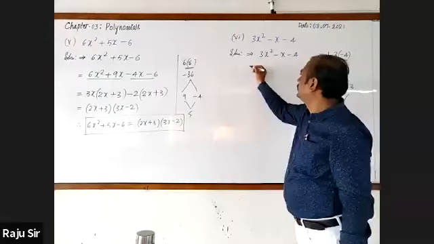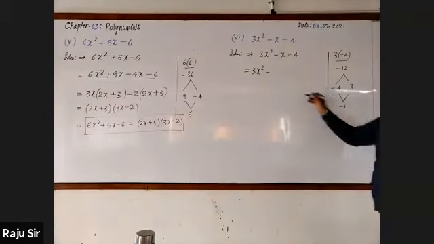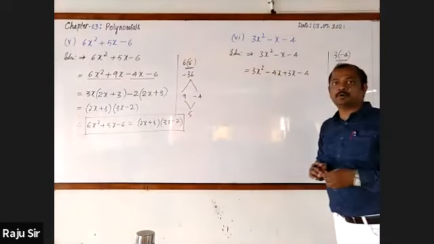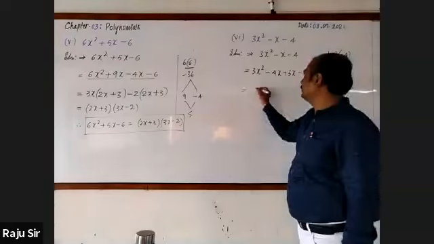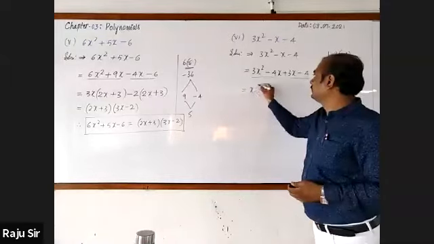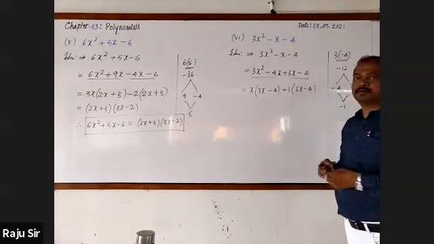Continue to factorize. It is equal to 3x square minus 4x plus 3x minus 4. What is the common factor here? x. Only x is common factor. x into the remaining 3x minus 4. Next, what is the common factor in the second group? 1. It is 3x minus 4.